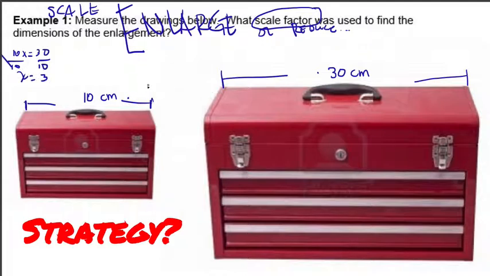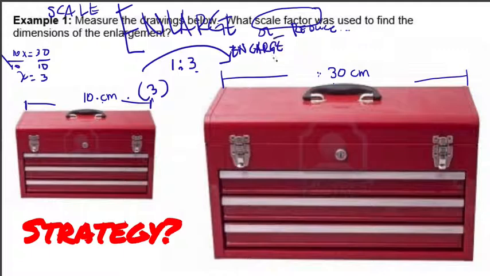So the factor is times 3. 10 times 3 is 30. So the factor is 1:3. For every 1 centimeter here, it is equivalent to 3 centimeters here. And that's when we enlarge or make bigger.